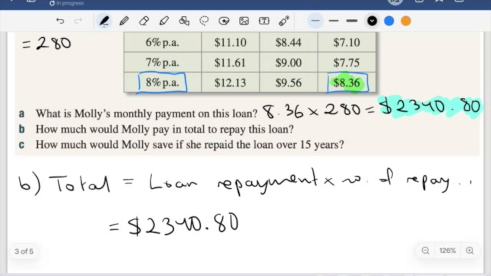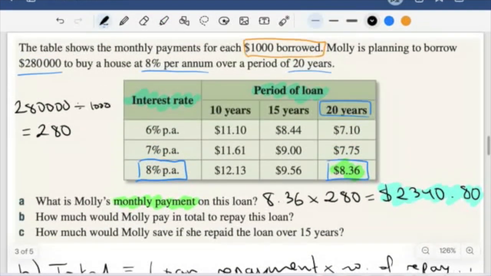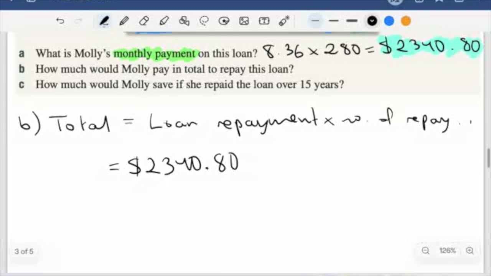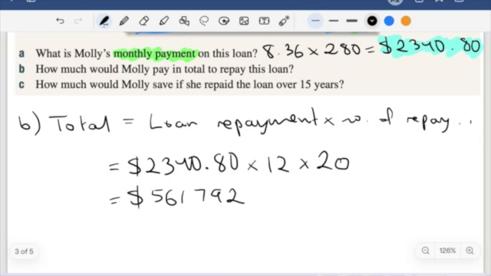These are monthly repayments, so we're going to be making 12 of them every year for 20 years, as written in the question. So we take this number, times it by 12 to find our yearly payment, then times that by 20 to find our total payment after 20 years. And this is going to give us $561,792 to be repaid.